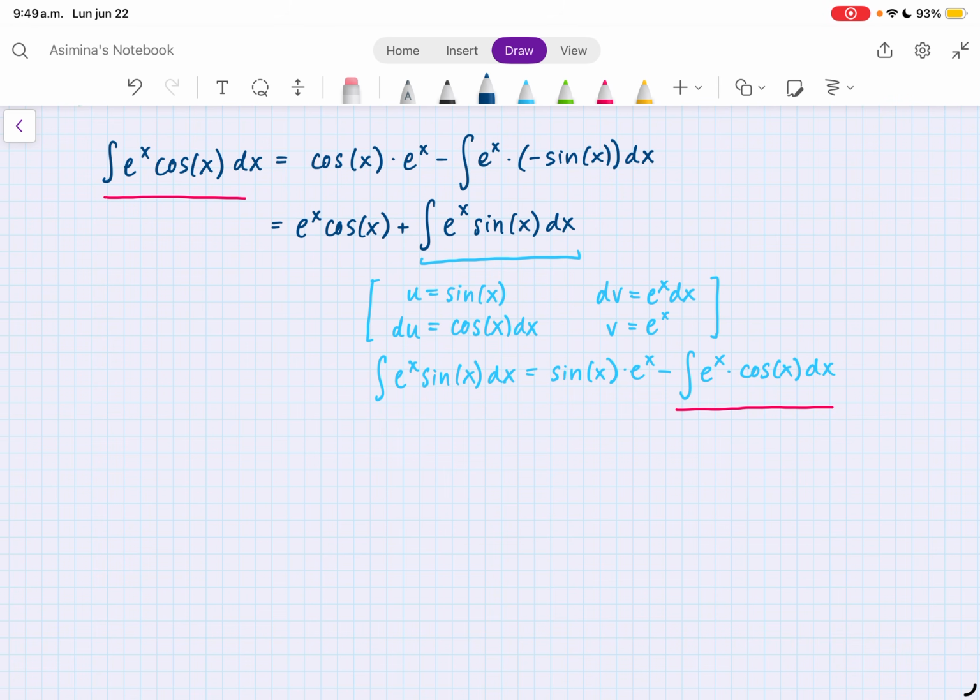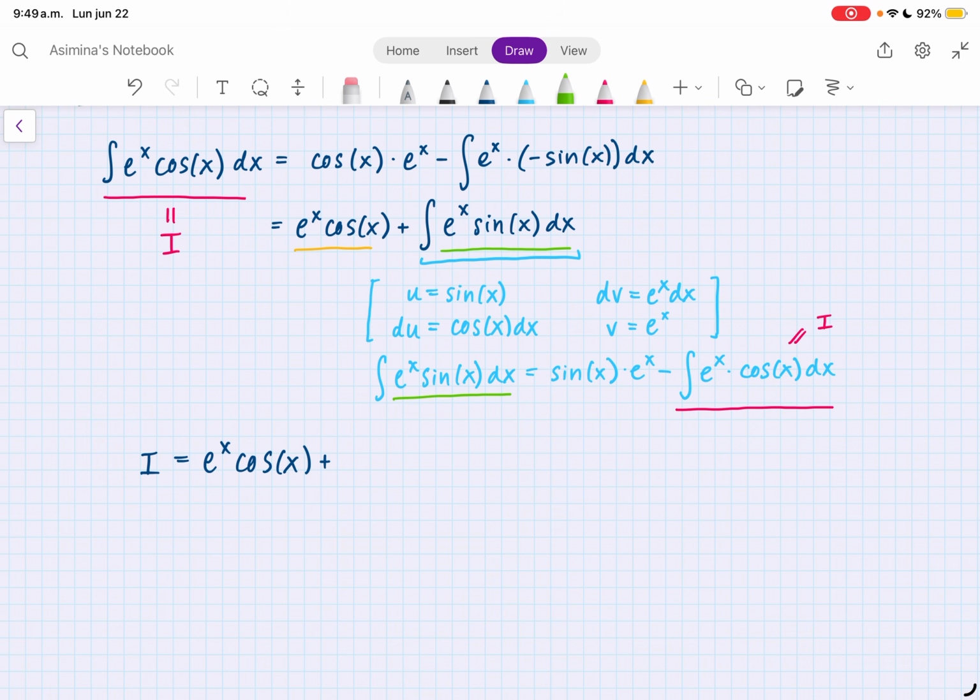So if we put all this together, what do we have? I'm going to call this integral, let's say we call it I, right? So I'm going to say this equals I. I have I equals what we have before, right? e to the x cosine of x plus this integral of e to the x sine of x dx over here, right?